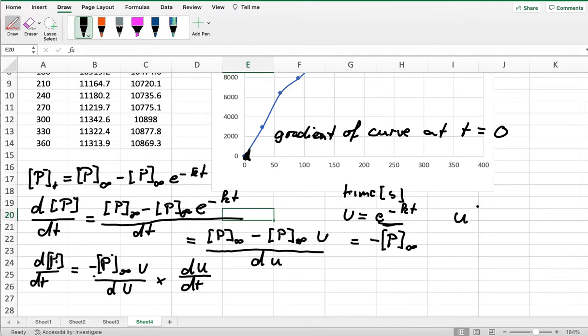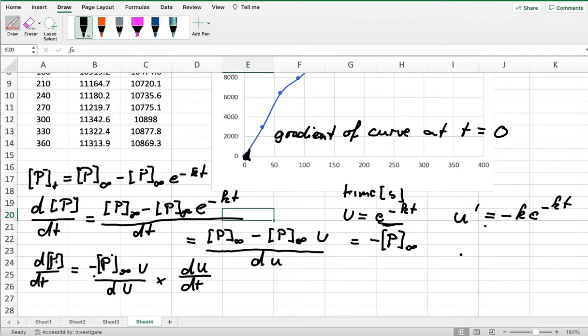And so if we do differentiate this, we would get minus k times e to the minus kt. That is the rule for the differentiation for this one here when we differentiate that for dt.